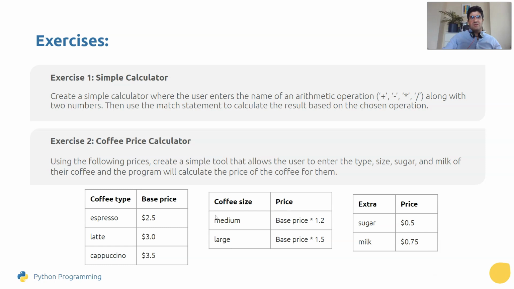If they choose medium, the base price should be multiplied by 1.2, or for large it will be multiplied by 1.5. And if they want to add sugar or milk, you need to add these prices on top of the rest. Try to use the match case statement to write these two exercises.